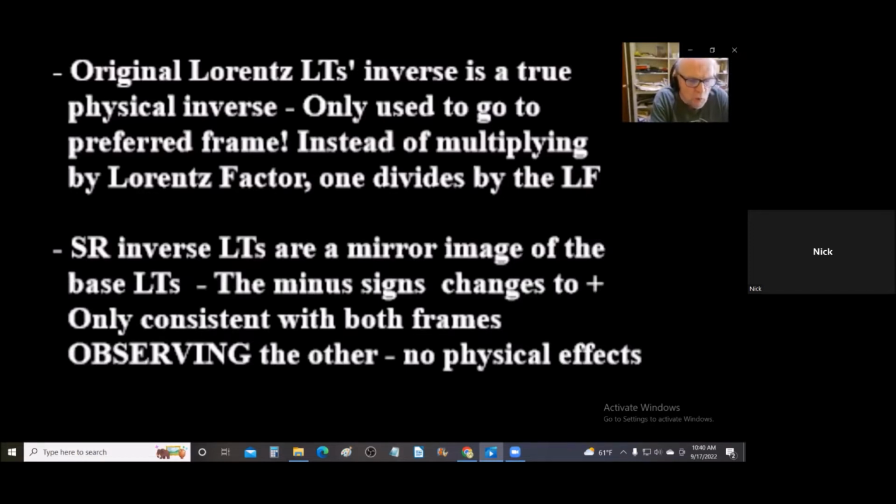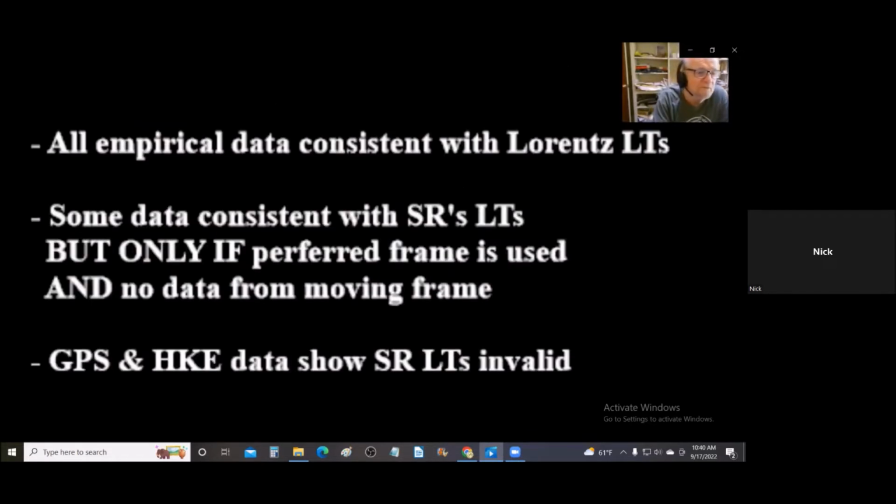Such an inverse is only consistent with both frames just observing the other frame, but there being no physical effects, no physical length contraction, and no physical time dilation. And finally, we'll look at the empirical data.